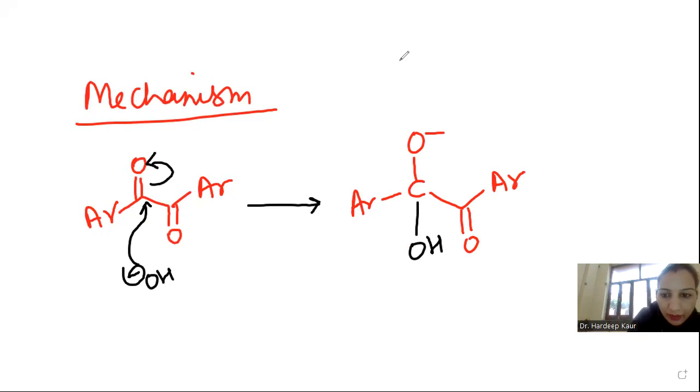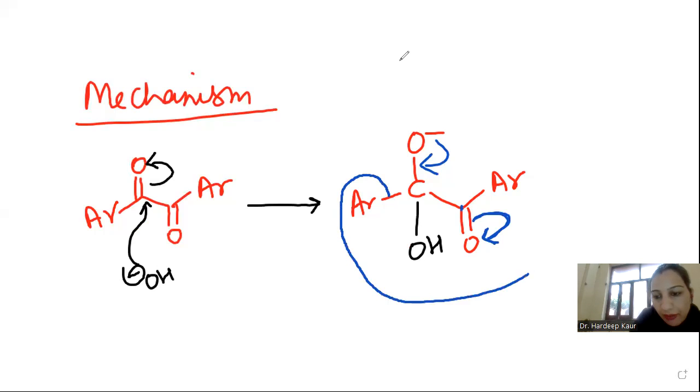This O negative comes here, and when this O negative comes here, the valency increases, so the carbon-oxygen bond is shifted towards the oxygen. This results in creation of a positive charge at this center. To compensate this positive charge, this carbon-phenyl bond is broken and phenyl moves towards this positively charged center.